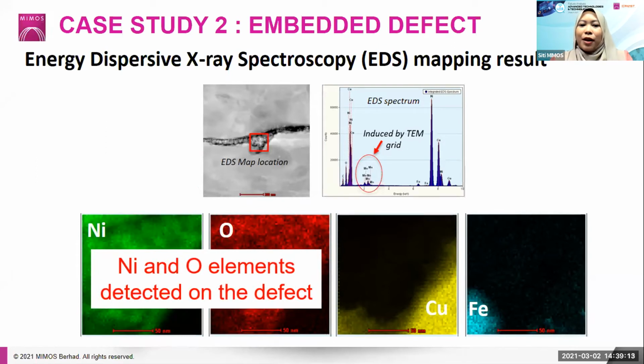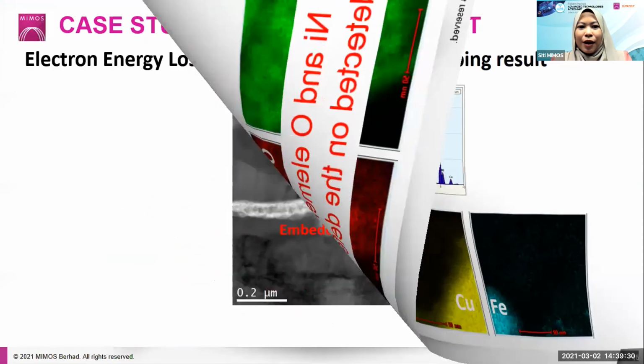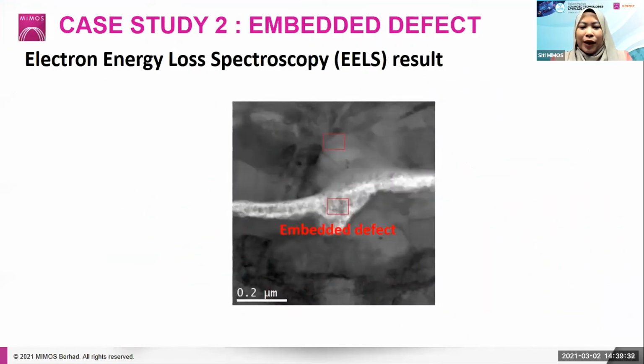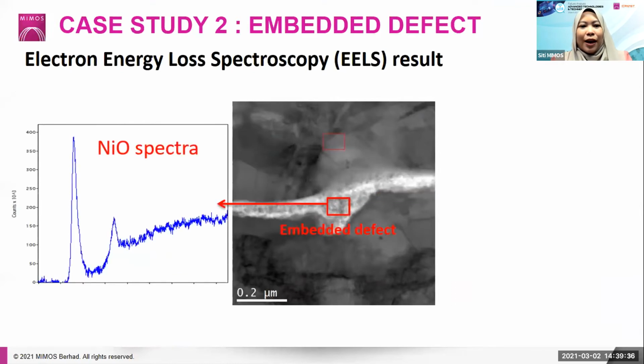But as we know, EDS is meant for elemental analysis. So to prove whether this is a real nickel monoxide or not, we have to perform subsequent testing. We call it EELS, electron energy loss spectroscopy. We can perform EELS on the defect, and we will obtain this nickel monoxide spectrum from the EELS characterization.